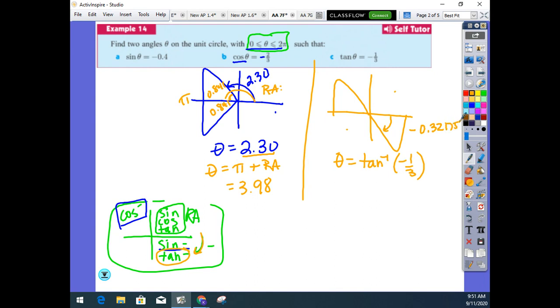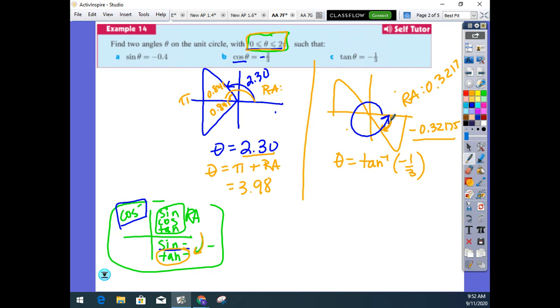I'm going to go a little bit further, 175. That means my reference angle is positive. When you're turning it into a reference angle, you've got to make it positive. The negative just means it's going backwards into the fourth. But it doesn't want us to have any negatives. The interval's asking us to start at 0 and go this way around.